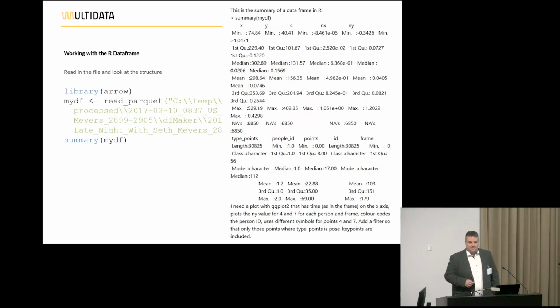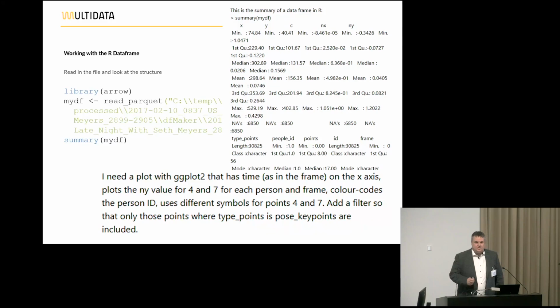I tell it, this is the summary of a data frame in R. Paste. Then I give my instructions: I need a plot with ggplot2 that has time, as in the frame, on the x-axis, and plots the ny value, ny being normalized y, for 4 and 7, that is right wrist and left wrist.